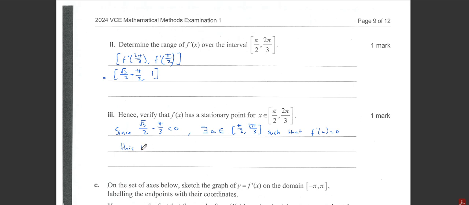And this is because f of x is strictly decreasing over this interval. Cool.